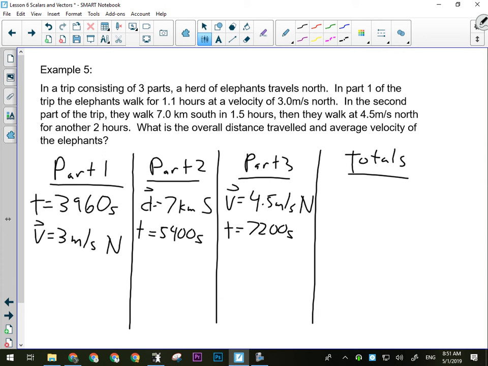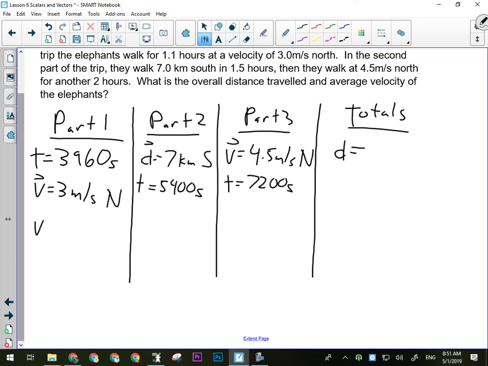So first thing I'm going to do is calculate the total distance traveled. In order to do that, I've got to calculate the distance in each part. I already know it in part 2, so I don't need to bother doing that. But I don't know how far they go in part 1 or part 3, but it's going to be the same calculation in both of them. I'm going to take v equals d over t and manipulate it for d.